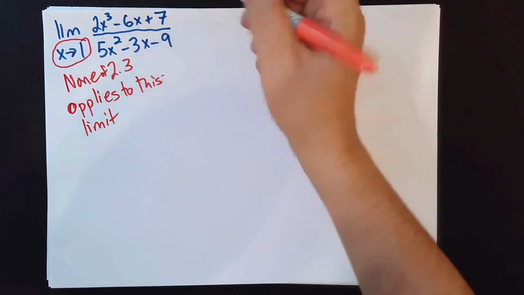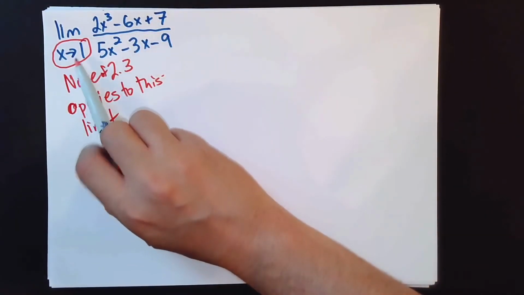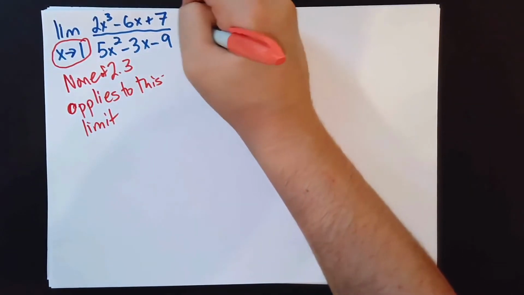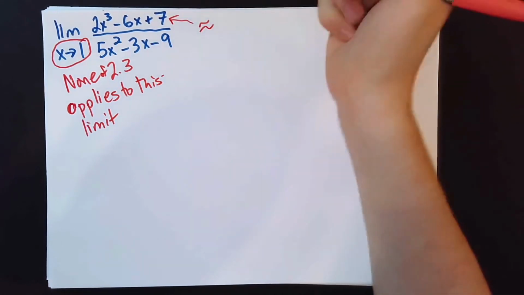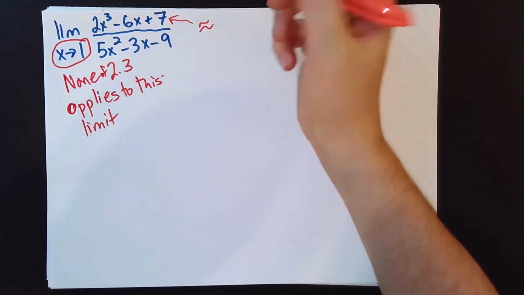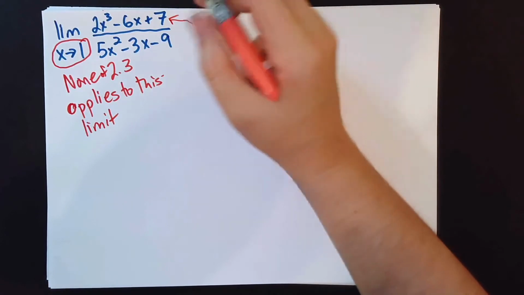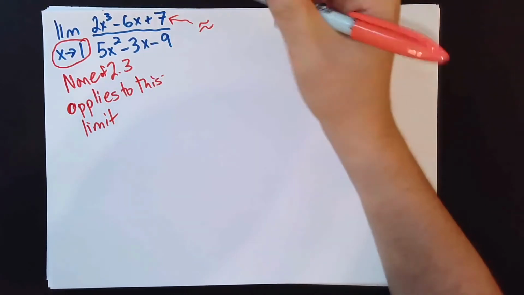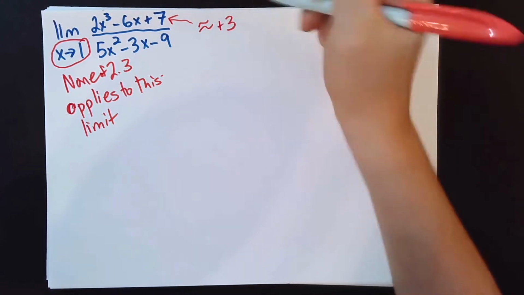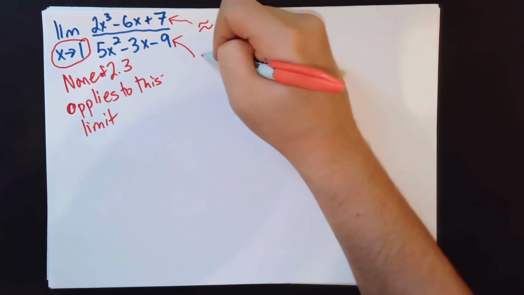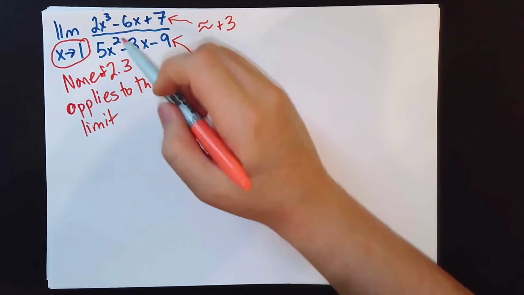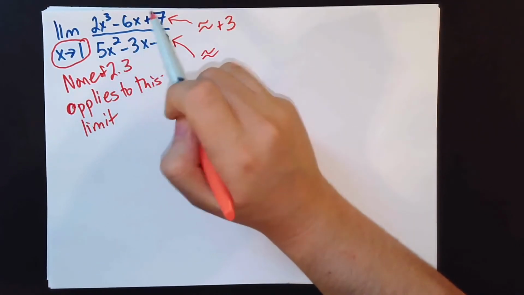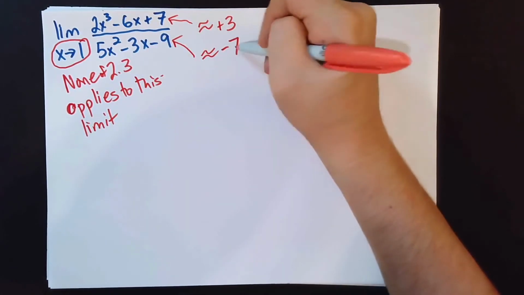And so when I see something like this and there's an x going to 1, I need to make extra sure that I remember what I'm supposed to do. And now when I see x going to 1, I'm supposed to plug in 1 and get 2 minus 6, which is minus 4, plus 7, which is plus 3. Let's see, and so this is 5 minus 3 is 2, minus 9 is minus 7.